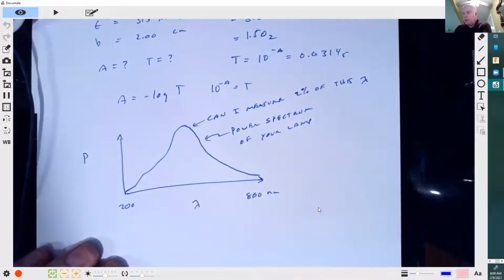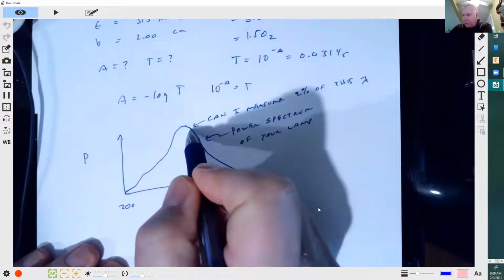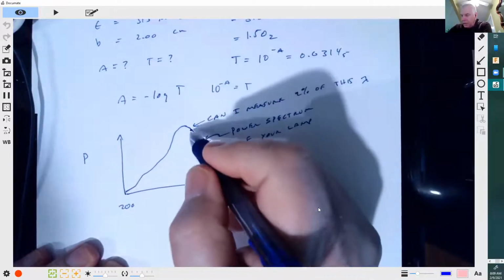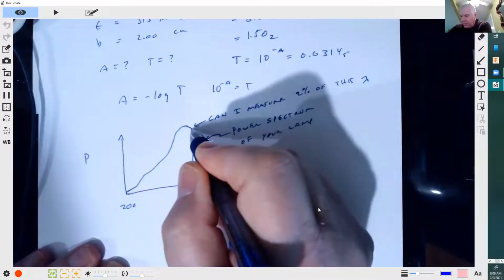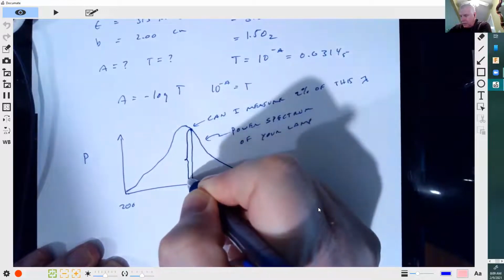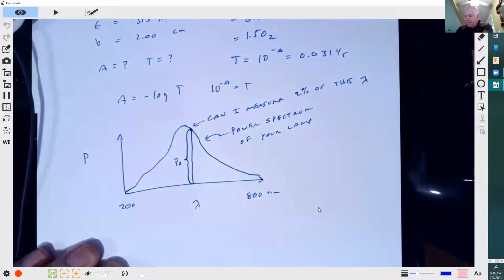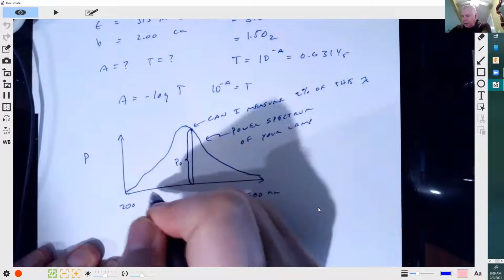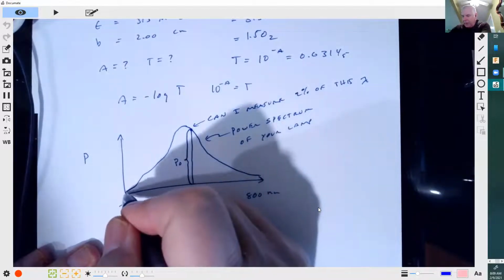If you're going to go up to, say, a peak wavelength here, and you're measuring this much, right? Say this is P0. Then let's say you have an absorber with a strong band there.